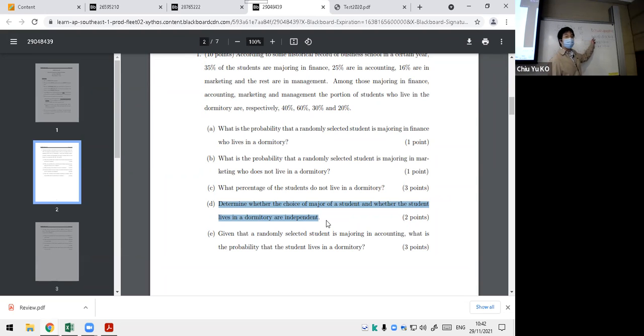I'm going to use this formula. First I have to check whether probability of DOM times probability of finance is equal to finance and DOM. If not, then we're done. If yes, then we check whether DOM times accounting is equal to accounting and DOM, marketing and DOM, and so forth. That is the way you test.